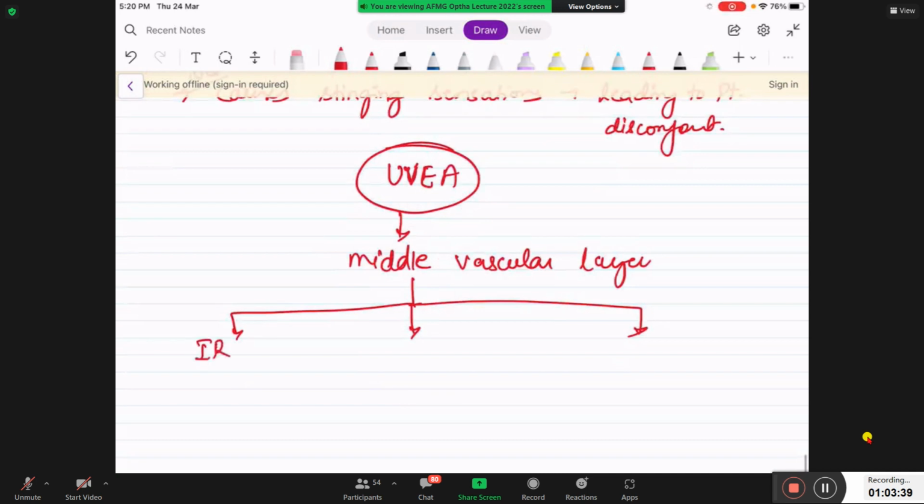The most anterior part we have seen in the picture, that is called as iris. Then comes your ciliary body, the middle part. And the posterior part is called as choroid. Clear? Now first we will take on iris.